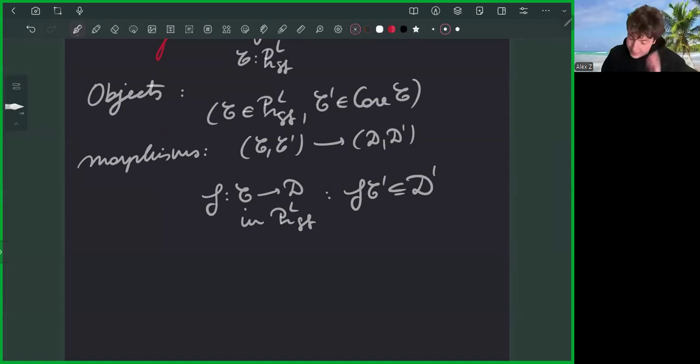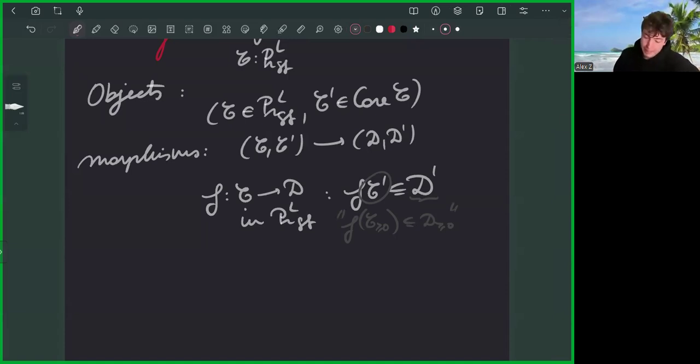Again, if you think about C prime as something like C greater or equal to 0, the connective part of some t-structure, and D prime similarly, then this really just means that the connective part is mapped to the connective part. So the image sort of makes sense, right?